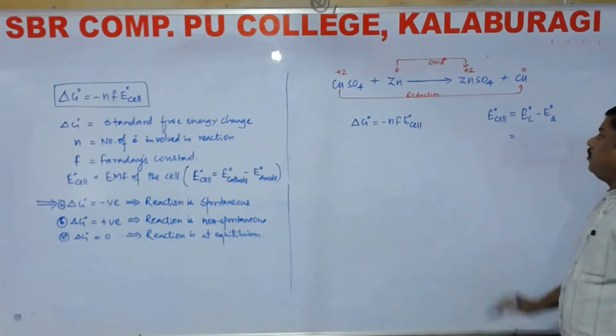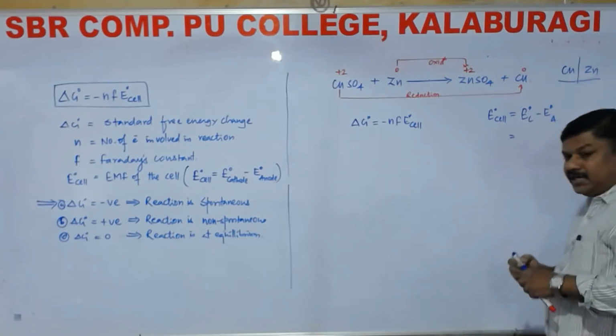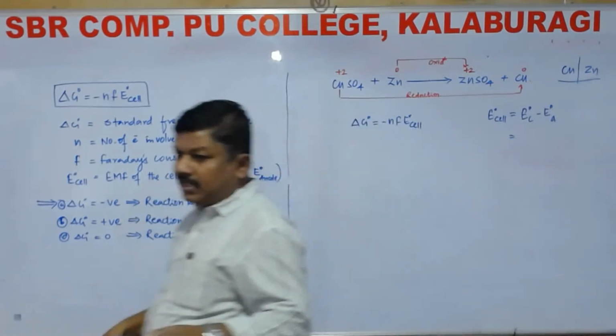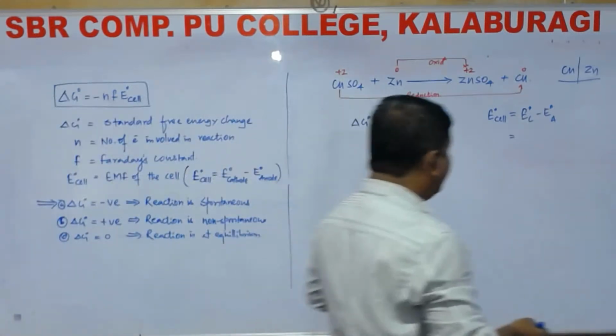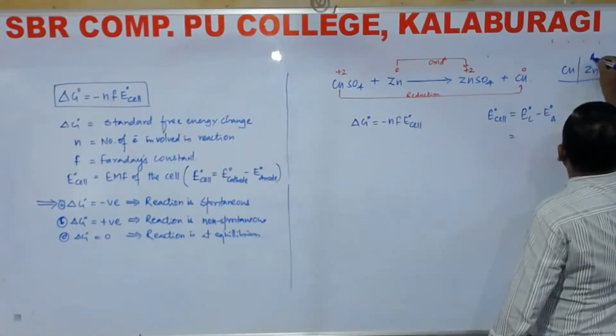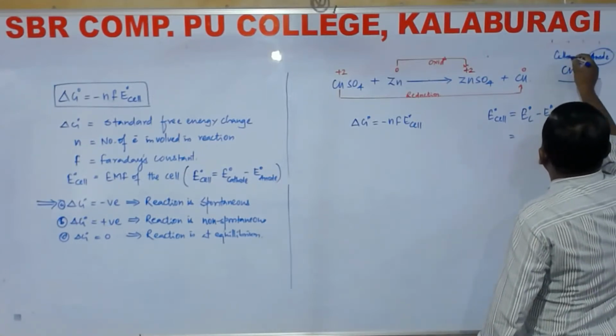Copper and zinc are both present here. When they are connected, as in the Daniell cell we discussed yesterday, zinc undergoes oxidation, so it is at the anode terminal, and copper is at the cathode terminal.